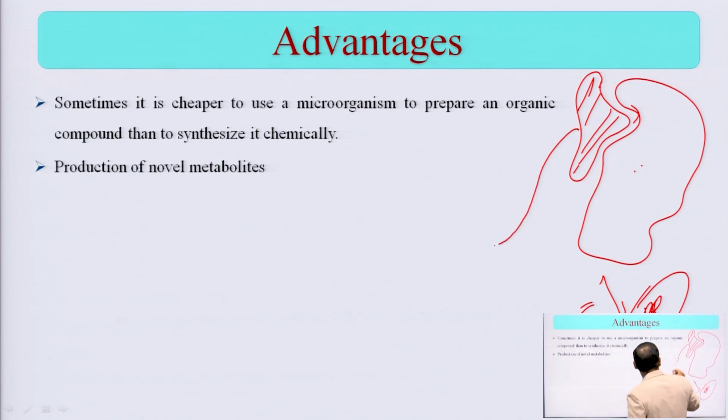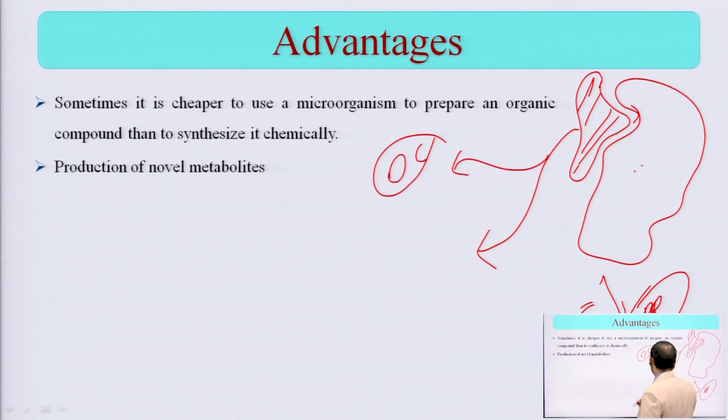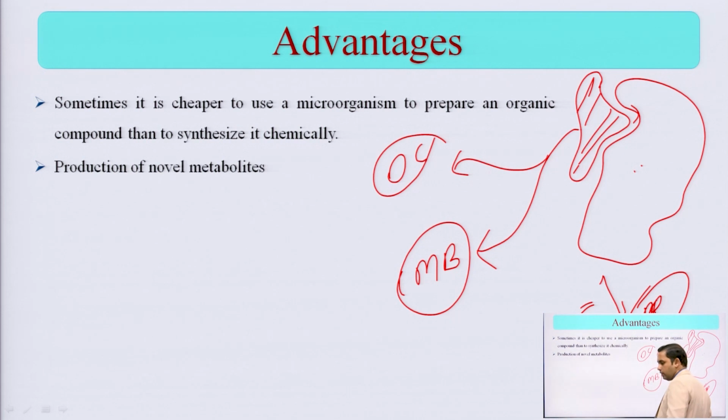So, now this has to be synthesized. There are two ways: either you can use the organic chemistry process or whatever I have told you, that is, the microbial biotransformation process, you can use.